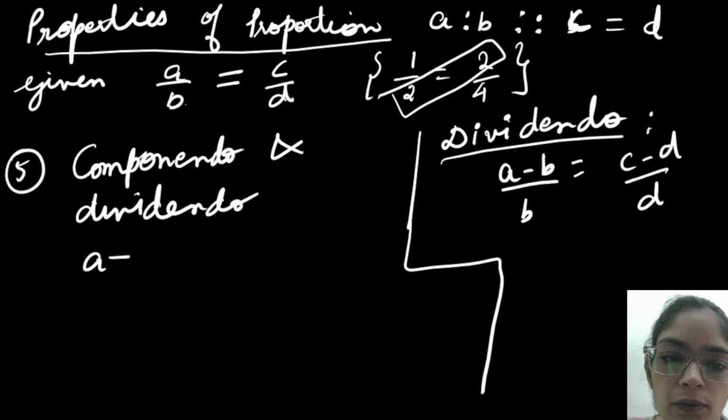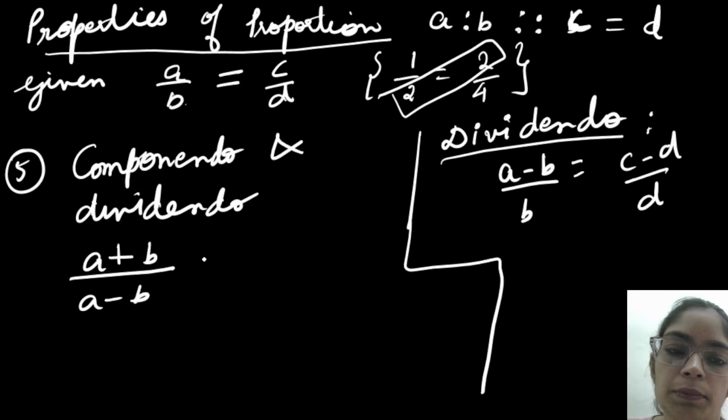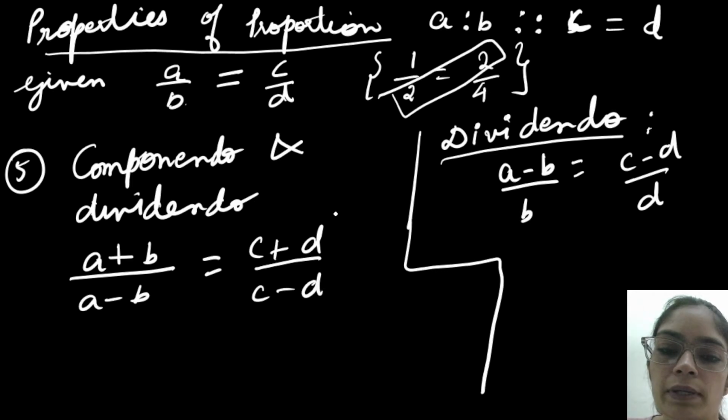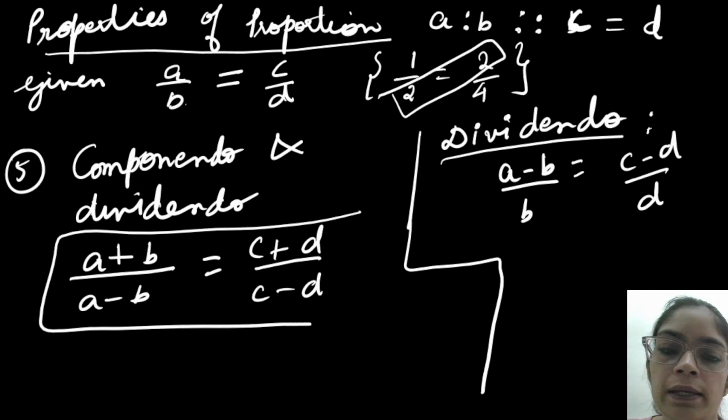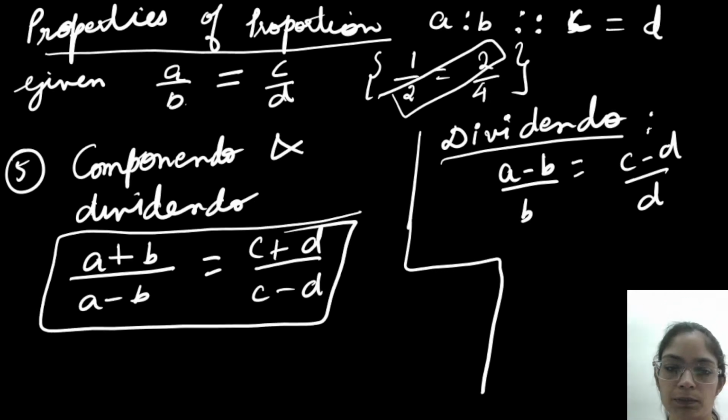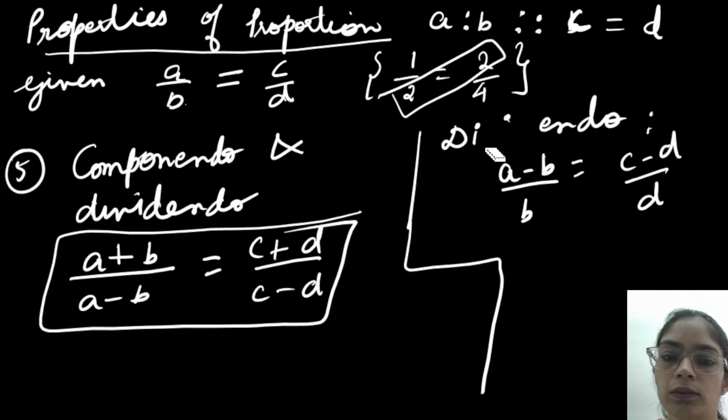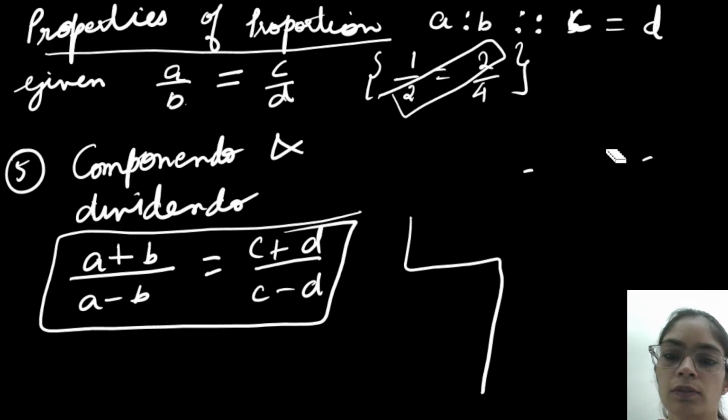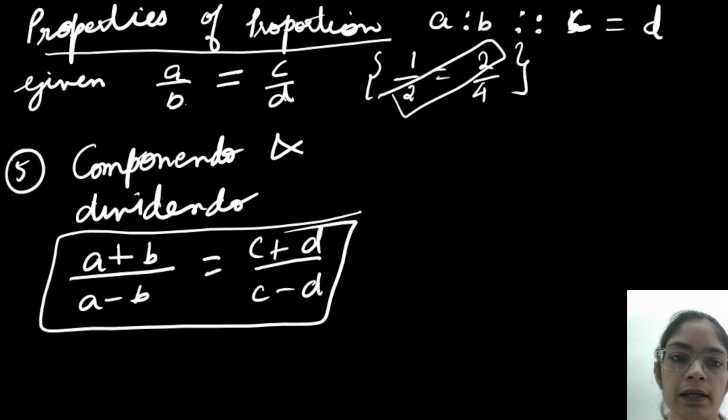Componendo is a plus b, dividendo is a minus b, then c plus d, c minus d. So when we use them all together, it becomes a plus b by a minus b is equal to c plus d by c minus d. You can see it with the same example.